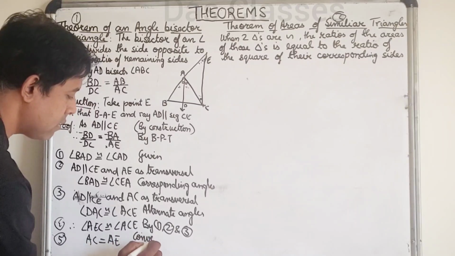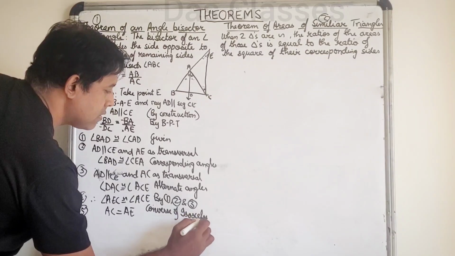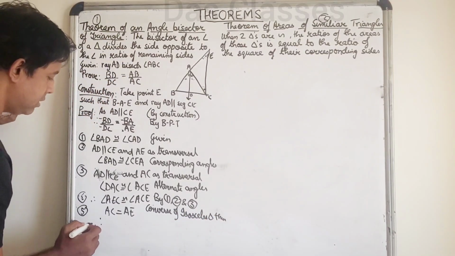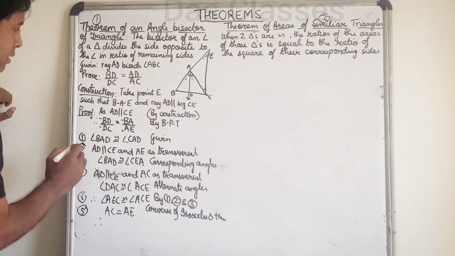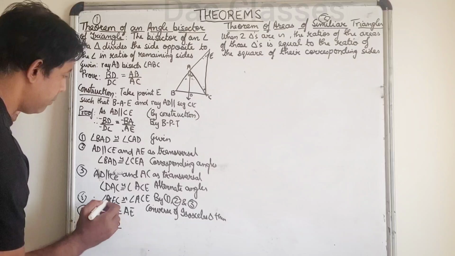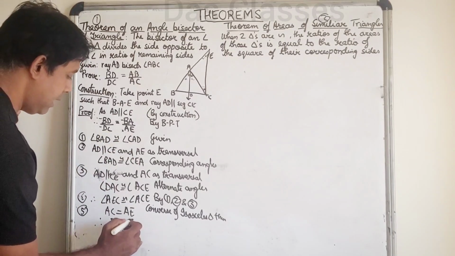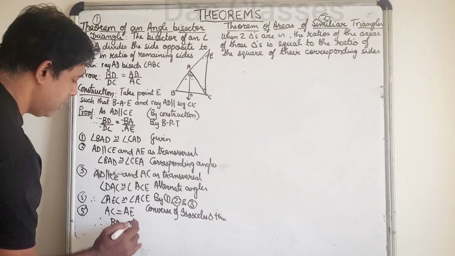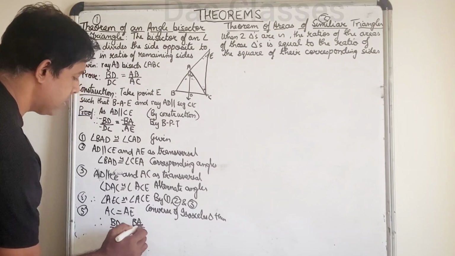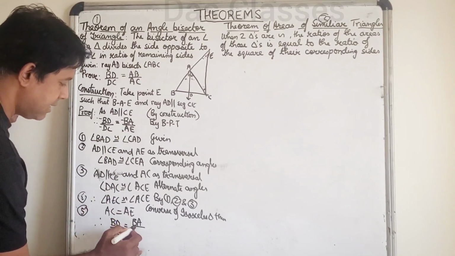Converse of isosceles triangle theorem, and therefore what can we say is, we already had BD upon DC is equal to BA upon, instead of AE, I can write it as AC.